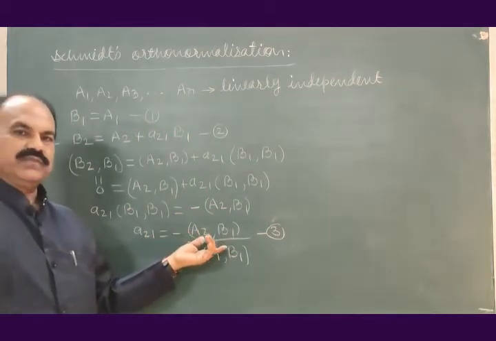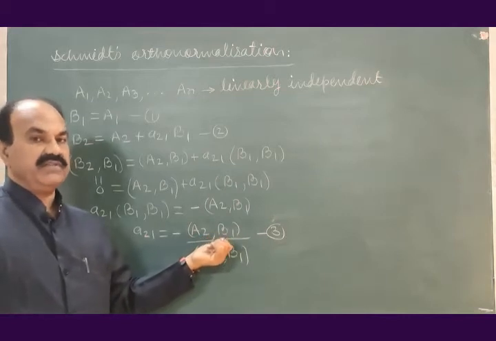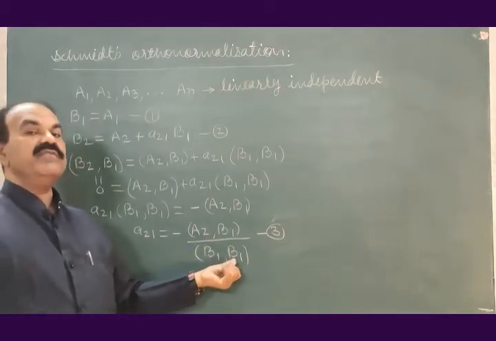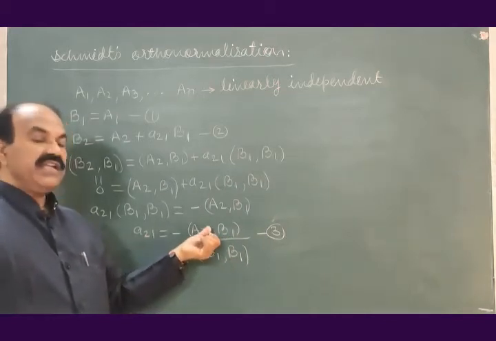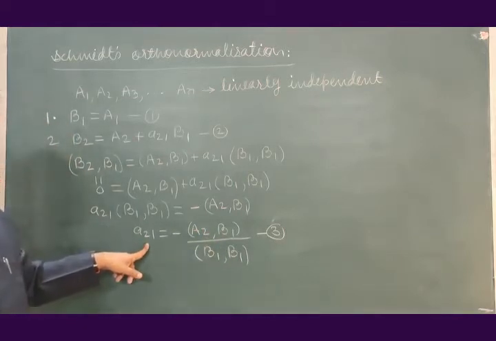So finding the inner product of a2 and b1, the inner product of b1 with b1, getting the quotient of this with minus sign, we will get the value of a21.